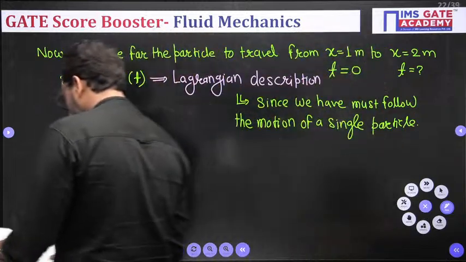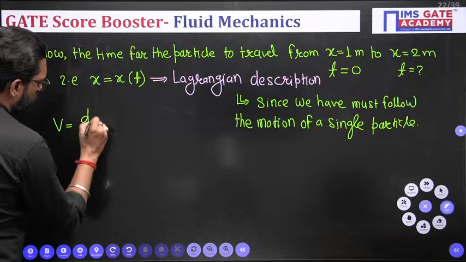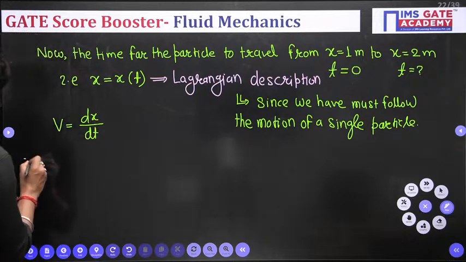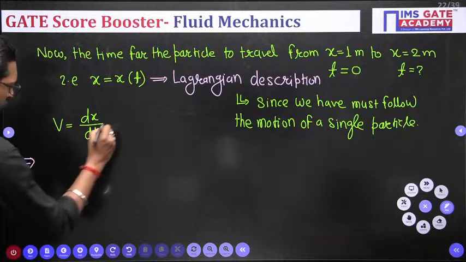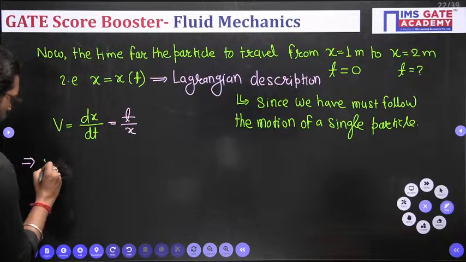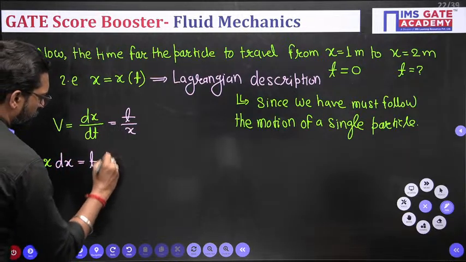So what is that Lagrangian? V is equal to dx by dt. What is V, beta? This is t by x. So x dx equals t dt.